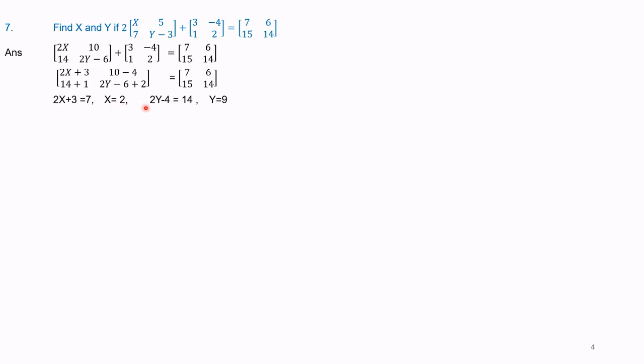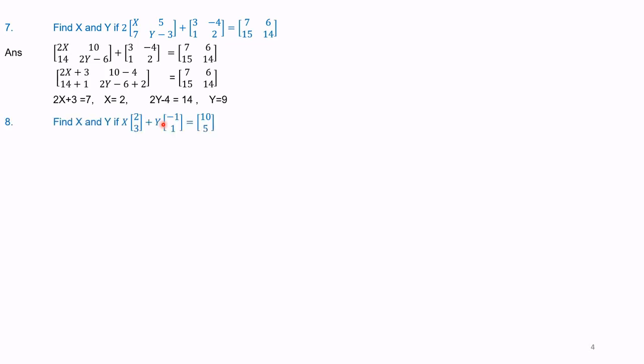Similarly, in the next step, we will compare the fourth element having y, that is 2y minus 4 equals 14, the element on the right hand side. Therefore, 2y is equal to 14 plus 4, that is 18, or y is equal to 18 by 2 equals 9. Hence, we have found the values of x and y.